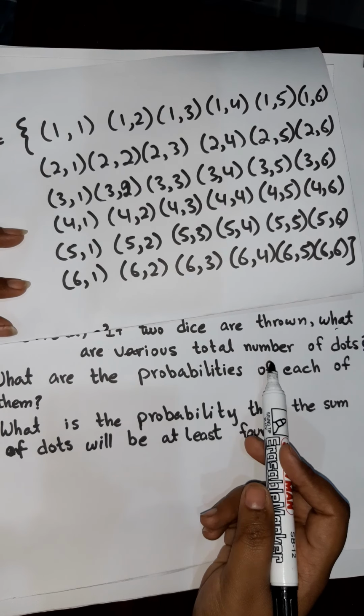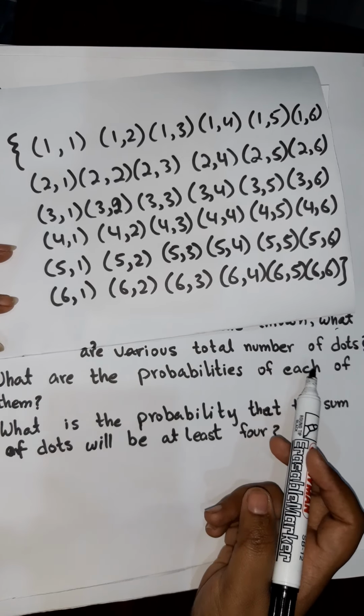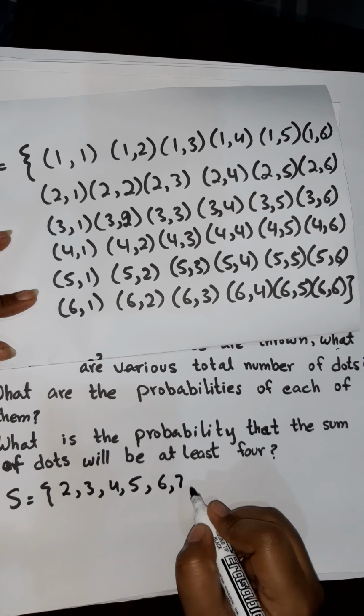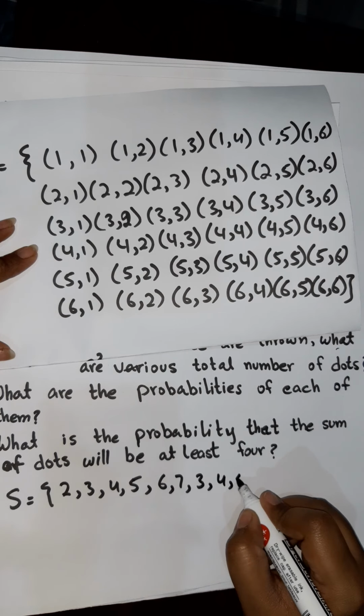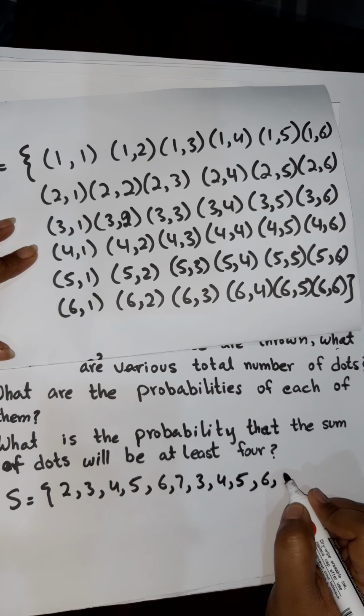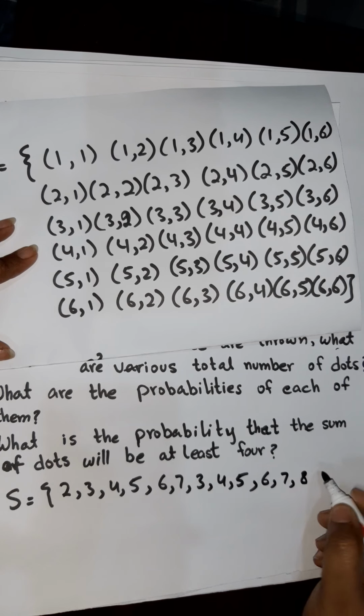What are the various total numbers of the dots? We have done this one question before, and again the sample space here will be the total number of dots. If we add them: 2, 3, 4, 5, 6, 7. Then 3, 4, 5, 6, 7 and 8.